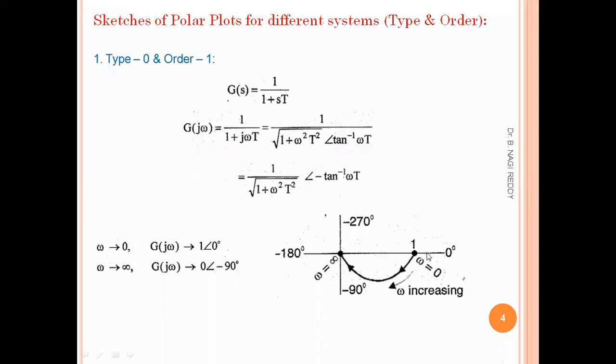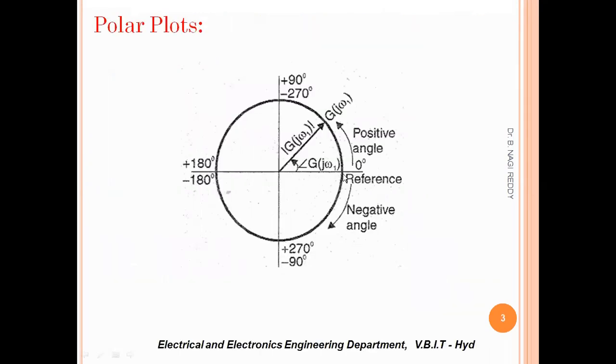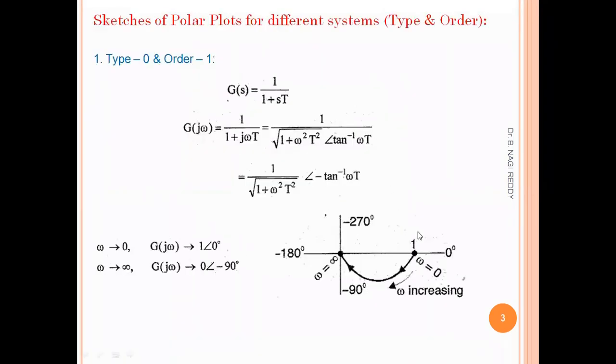So the 0 degree angle is this line. In the previous slide also we have seen, right? This is the reference line which is 0 degree. So that means the polar graph will start on this 0 degree. You can see here at omega is 0, on the 0 degree the polar graph is starting.